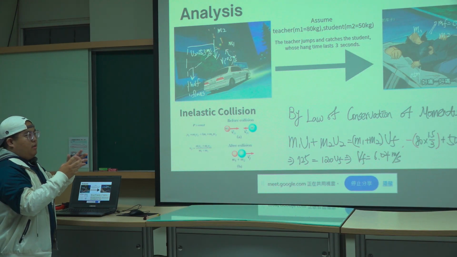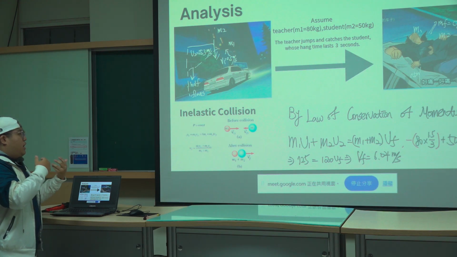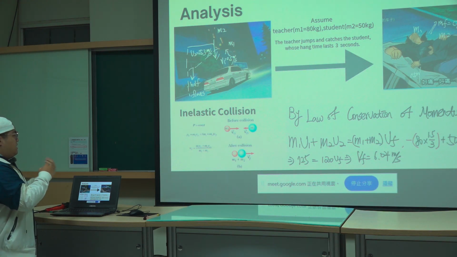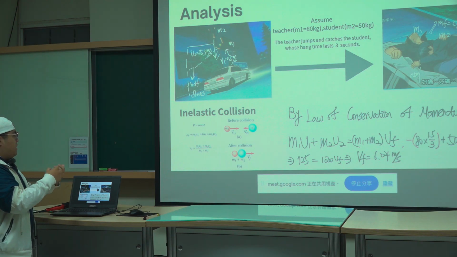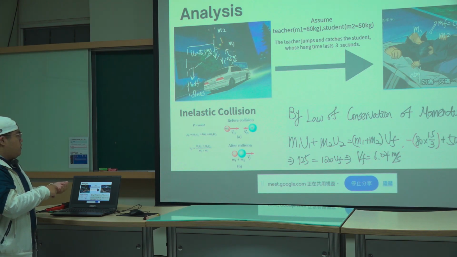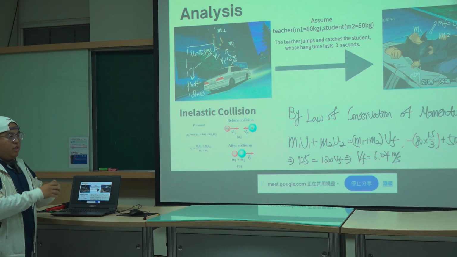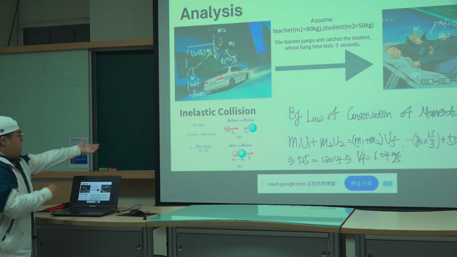I see the inelastic collision is P equals constant, where P is the conservation of momentum: M1 V1 plus M2 V2 equals M1 plus M2 multiplied by VF. VF is the final velocity of the whole system.